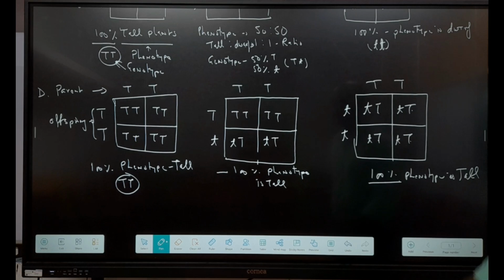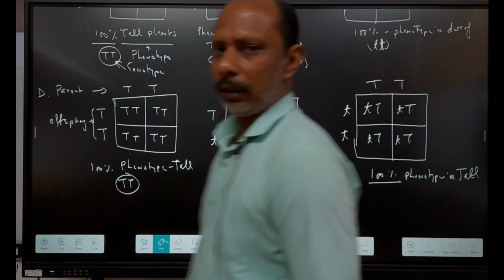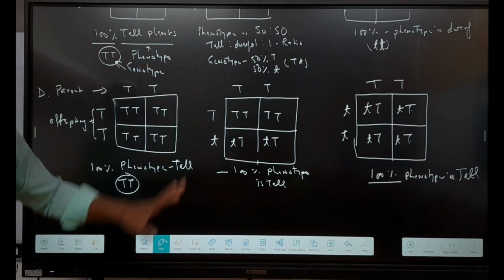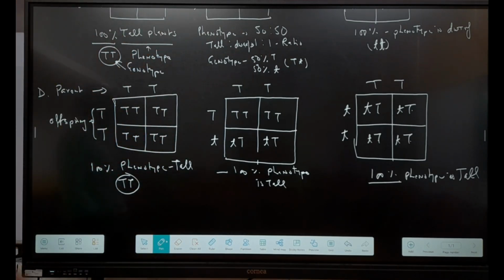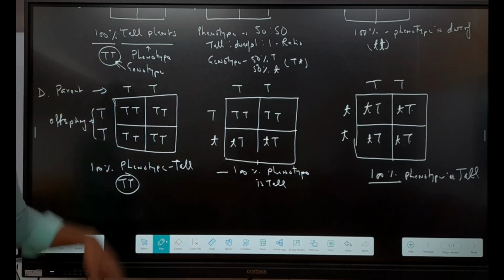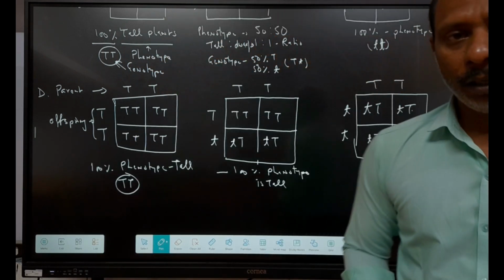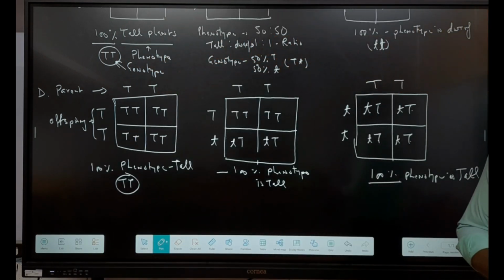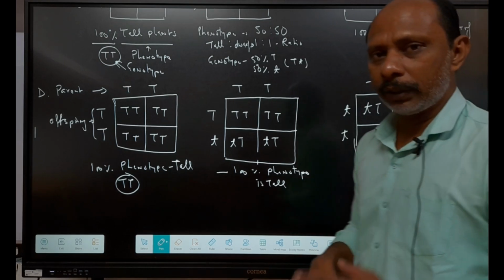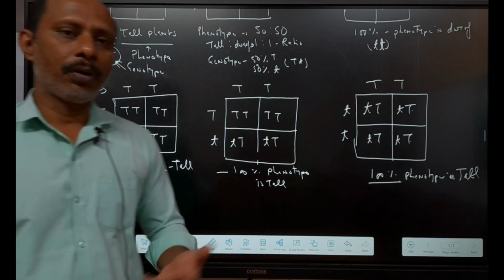That means when we use dominant parent, then we get no idea about which one is hybrid, which one is pure dwarf, or which one is pure tall, right? That's why we use only recessive parent, right? By using recessive parent, we get the idea. Phenotype is equal to genotype, then we get idea which one is hybrid, which one is pure tall, or which one is pure dwarf, right?